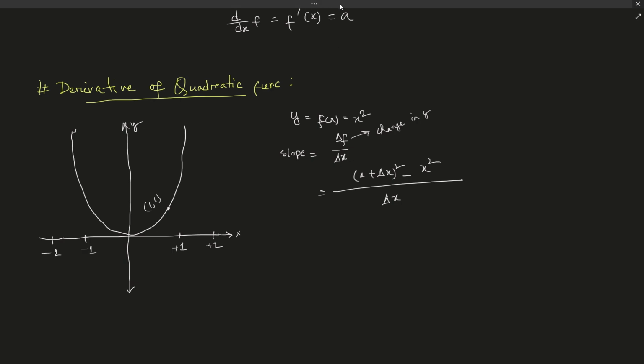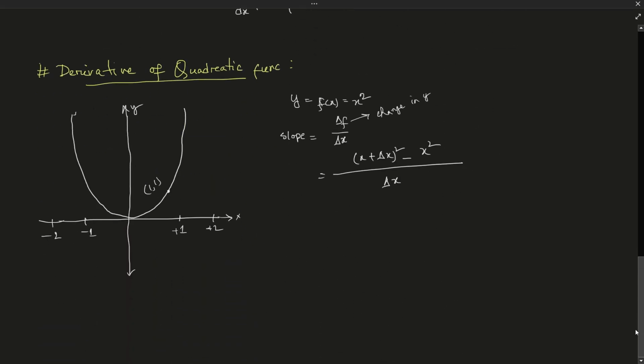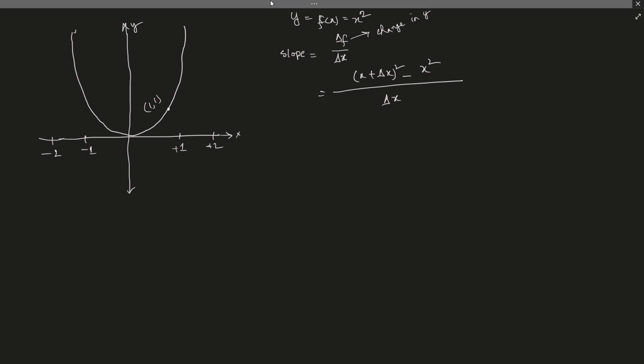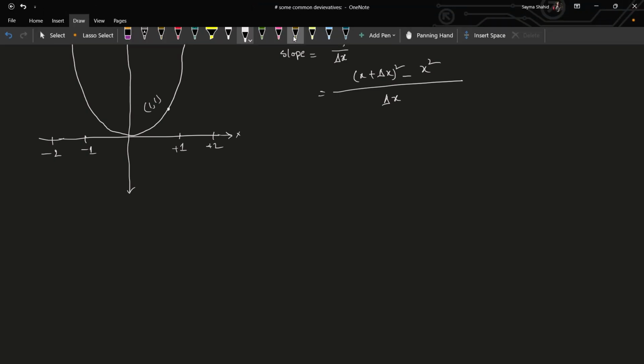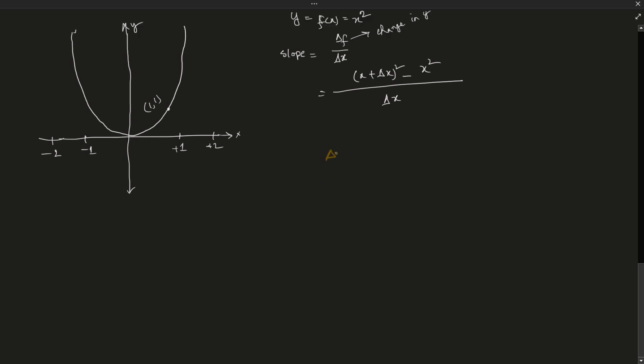So let me draw a line. Suppose we have del x here and we have del f, and here we'll calculate the slope. Suppose del x is 1, an interval of length 1 horizontally.